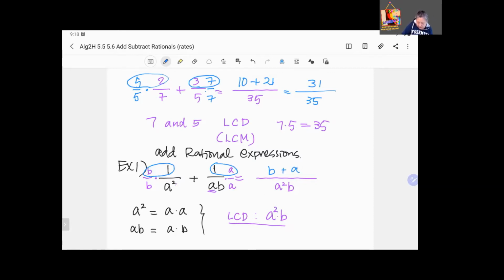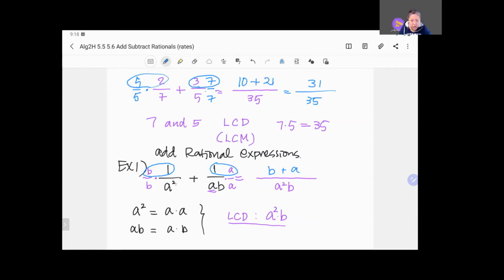Then this is how you add the typical rational expressions given with non-common denominators. Okay, any questions so far? This might be a little bit confusing at first, but as long as you firmly understand what we do to fractions in addition and subtraction, it's exactly what we do.